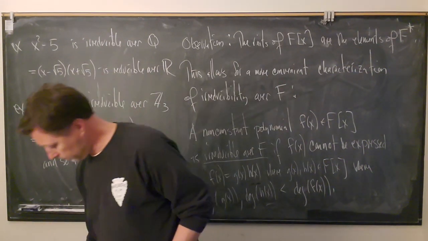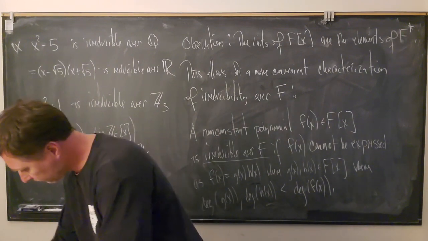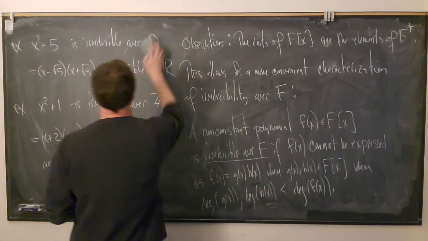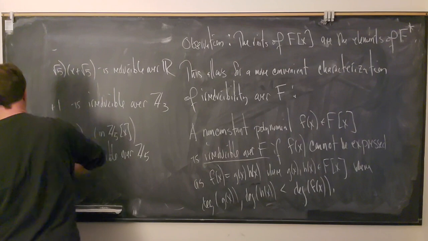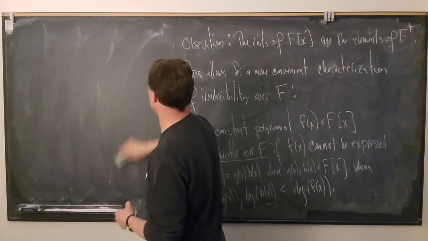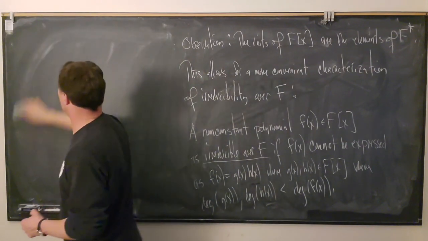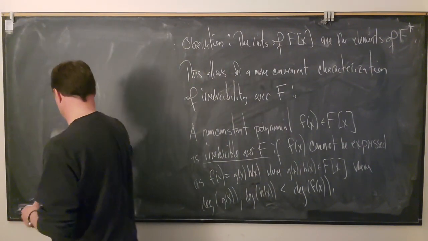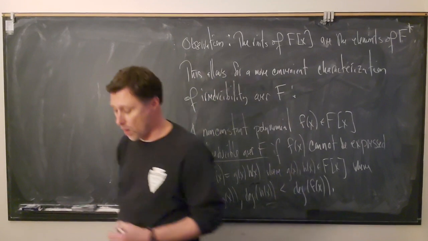Now, deciding whether a polynomial is reducible or irreducible over a given field is a tough job, right? This will eventually lead us to Galois theory.